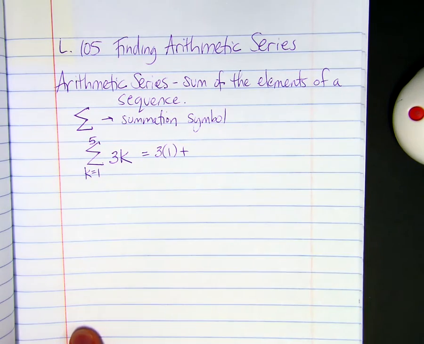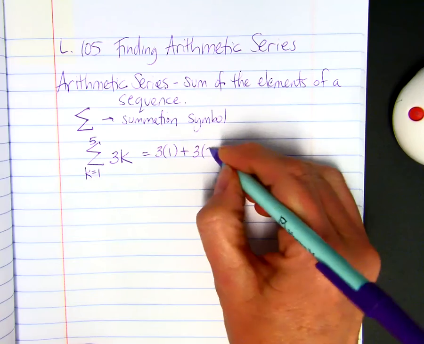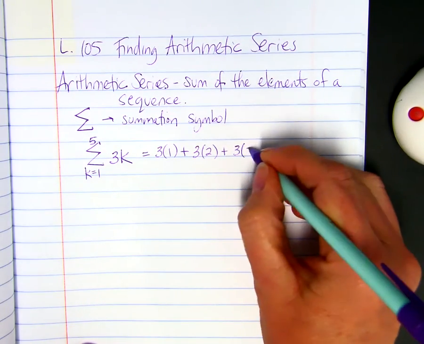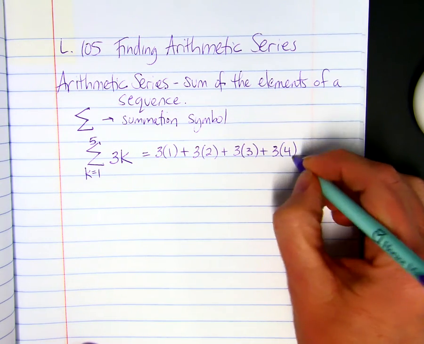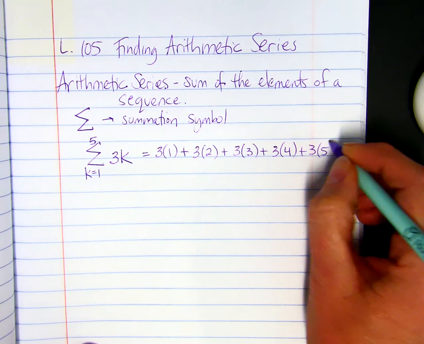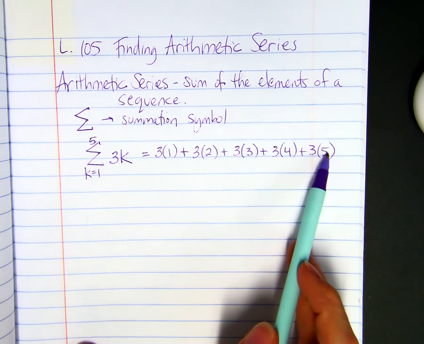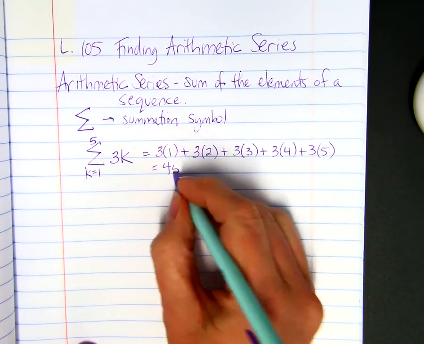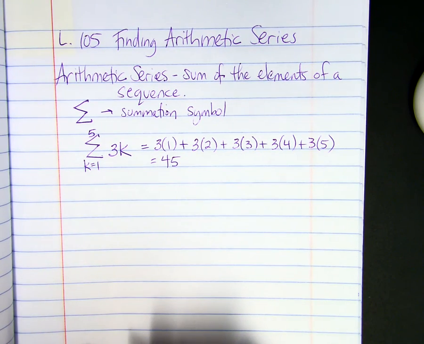Then you add the next term, when k is 2, so 3 times 2. Then 3 times 3. You keep doing that until k is 5, plus 3 times 5, and then you stop. Add all of those products together and you get 45. So 3 plus 6 plus 9 plus 12 plus 15.